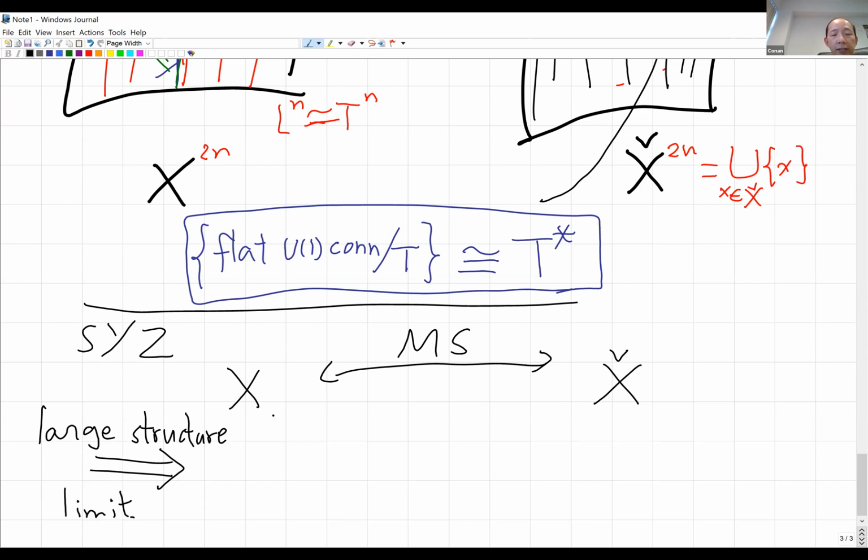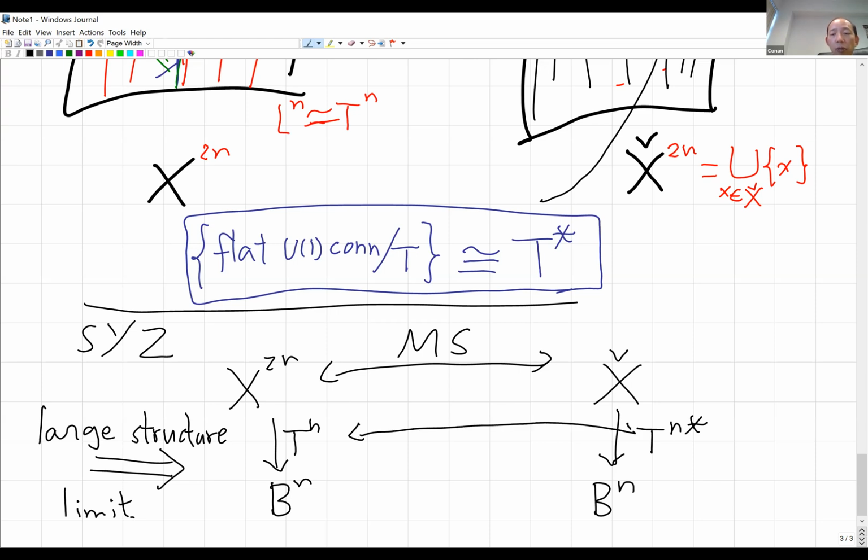In this limit, both of them will have a torus fibration over the same base space, and the tori are just dual to each other. So the space itself just interchanges a torus with a dual torus in this limiting version.